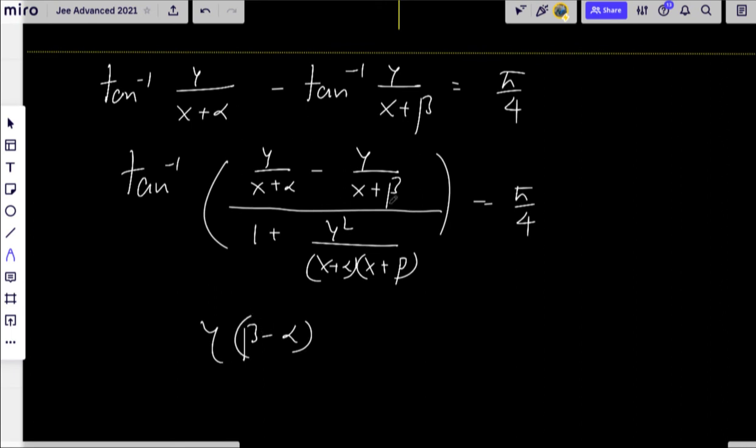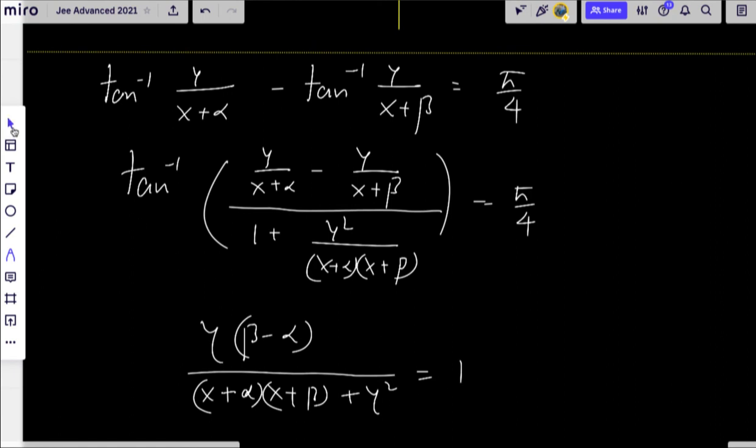Finally, because x plus alpha and x plus beta are taken common, the LCM is x plus alpha into x plus beta. The denominators cancel out, and the numerator part is left with x plus alpha into x plus beta plus y square. And that is undoubtedly equal to 1, since tan pi by 4 is 1.